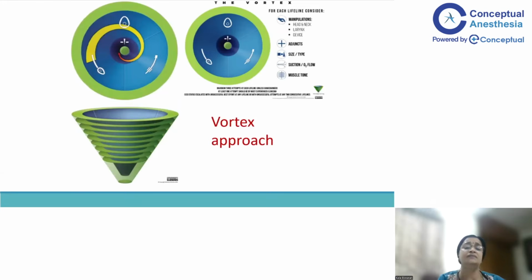Now what are the limitations of your algorithms? Algorithms say that you need to attempt intubation 3 times, 3 times you attempt your supraglottic airway devices, then bag mask. No. In Vortex, it's a very novel idea of airway management, a high acuity implementation design tool designed to support team function and decision making in airway crisis management, wherein you have to know the limitations of the algorithm.